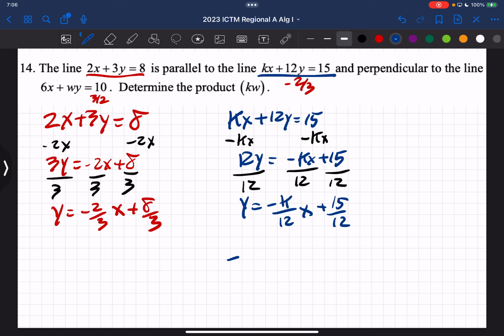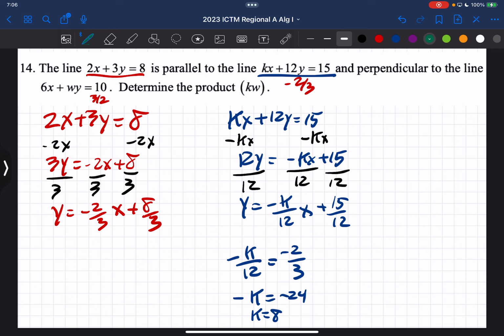So now we can say that negative k over 12 equals negative 2/3. So when we cross multiply and divide, negative k is equal to negative 24. So k is equal to 8.